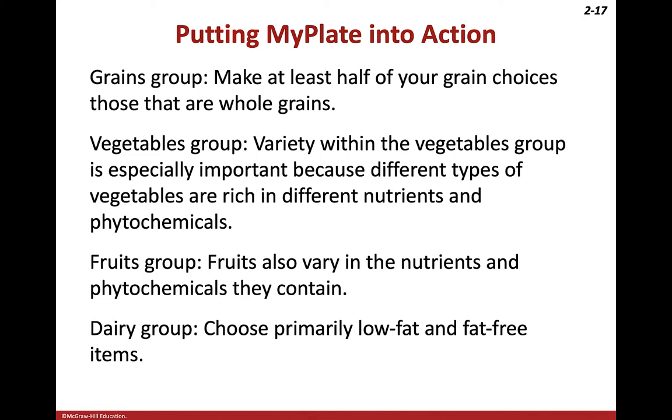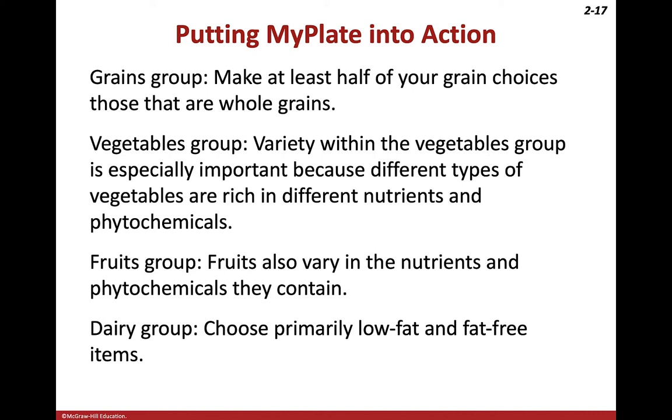So grain, make at least half of your grain choices whole grain. That's going to be really important. With vegetables, variety is really important here because remember, vegetables and fruits are rich in phytochemicals. And there's a bright rule.